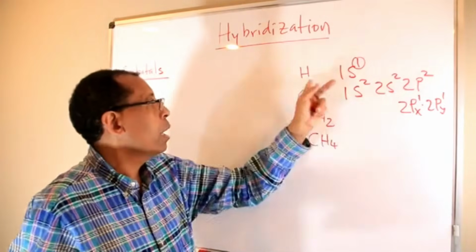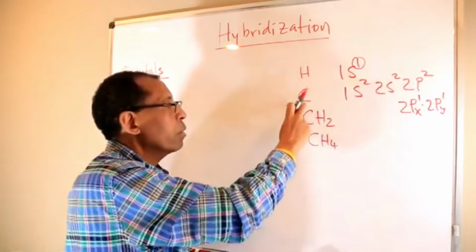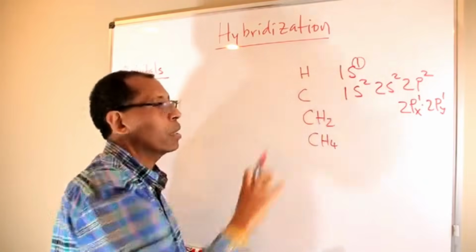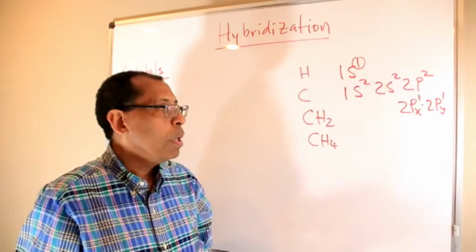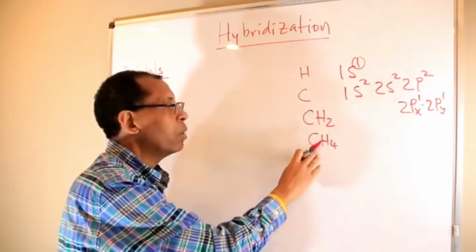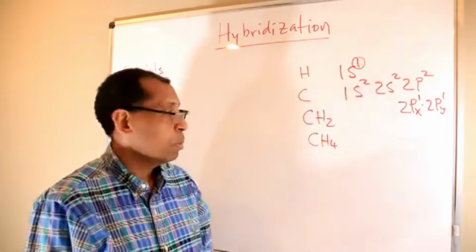Based on the electronic configuration of hydrogen and the electronic configuration of carbon as they are, it is not possible to justify how CH4 is formed just by looking at the orbitals.